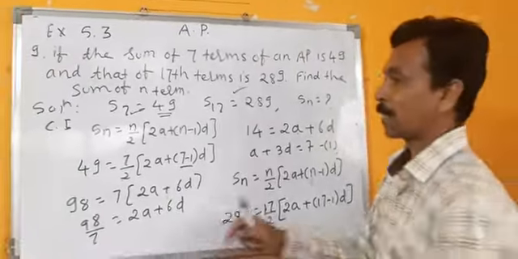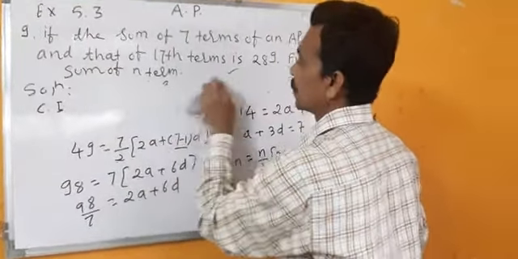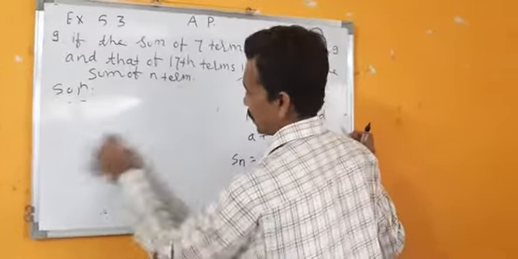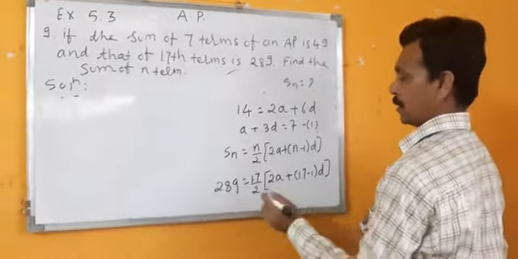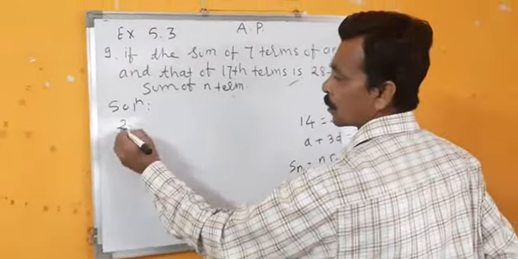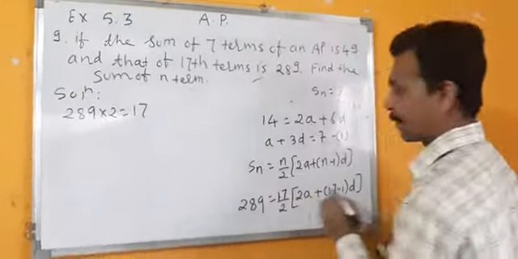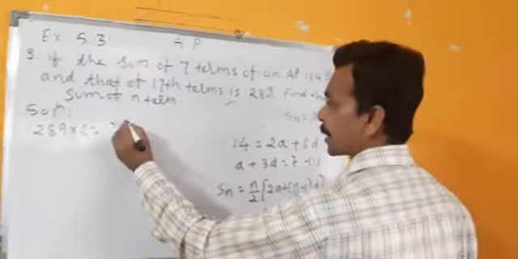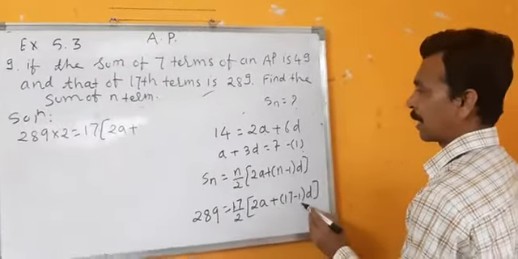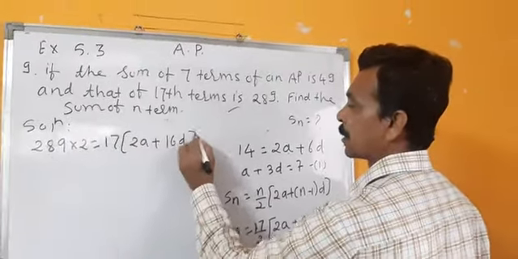Now I'll grab this part of the left hand side. Do the cross multiplication, it becomes 289 into 2 is equal to 17, and in the bracket it is 2a plus 17 minus 1, that is 16d.